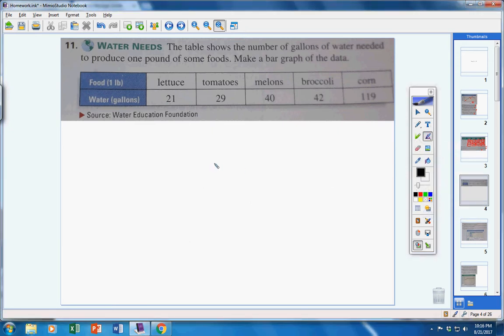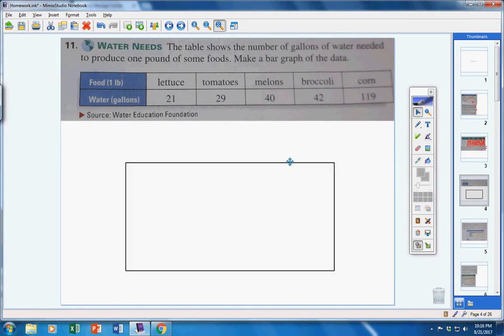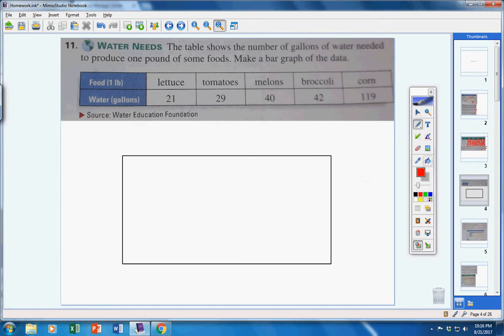So here we go. First of all, let's go ahead and draw my rectangle I'm going to use. And now let's intelligently decide. Let's pick our numbers. If my bars are going to go up, which they are, then that means my numbers have to be over here. So let's see, I'm going from 21 all the way to about 120. So I definitely cannot use tick marks of 1.